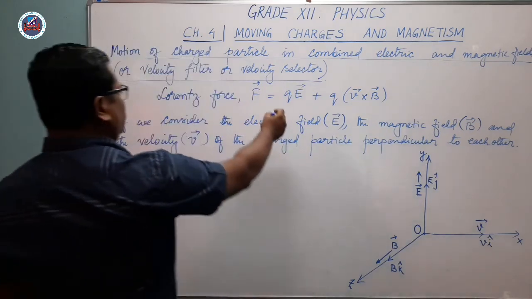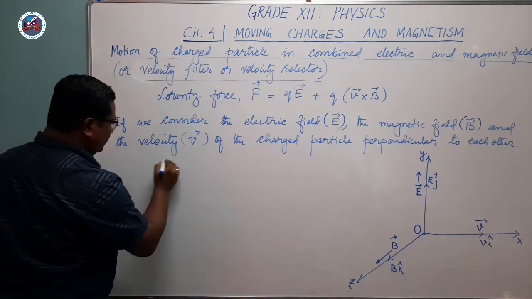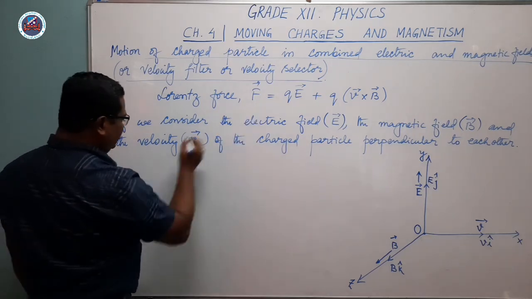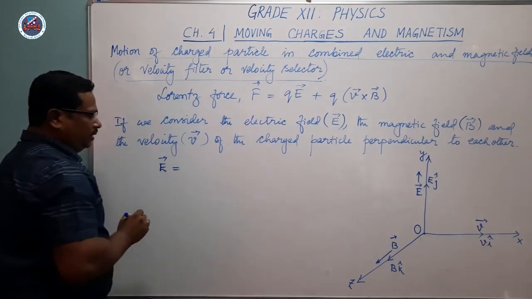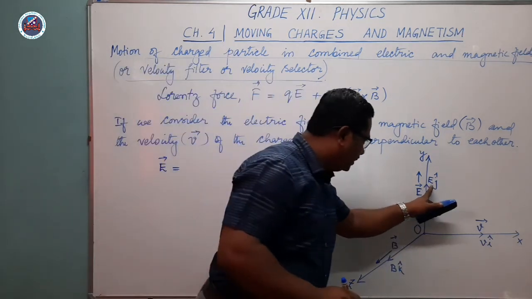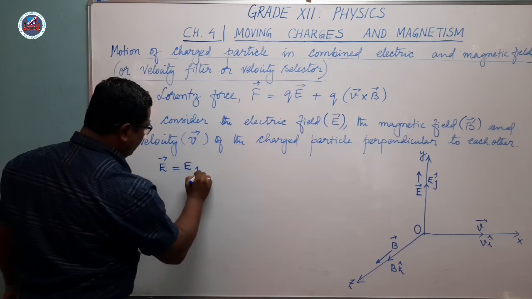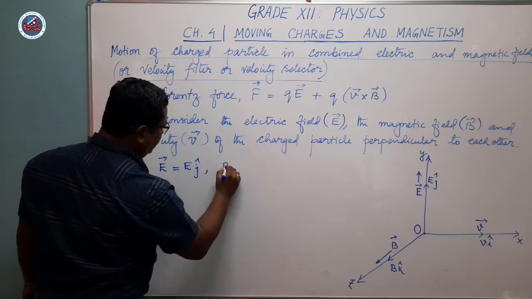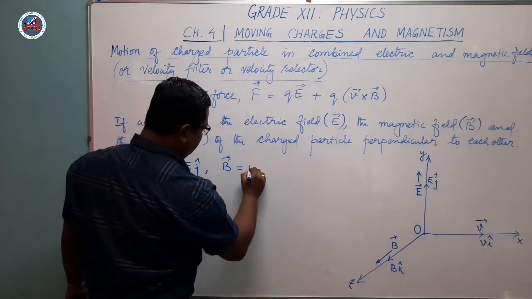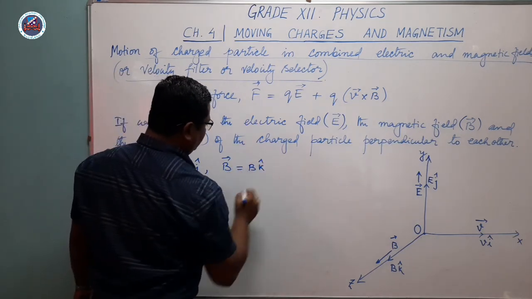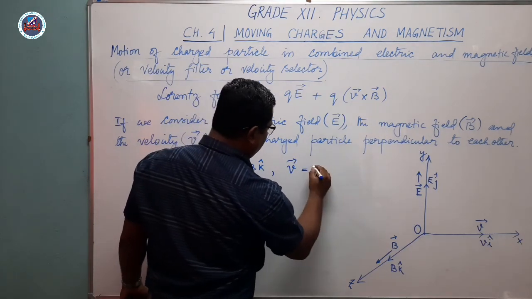From this expression, what we have taken is the electric field E j cap along the y-axis, the magnetic field along the z-axis, so this is B k cap, and the velocity along the x-axis, so V i cap.